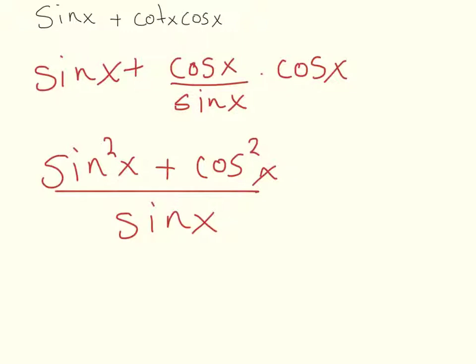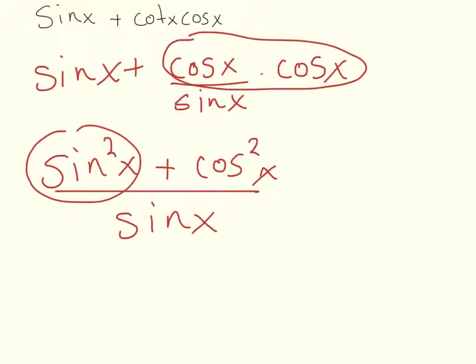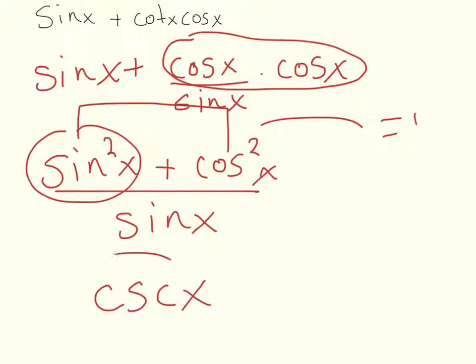So that's where we get this sine squared. And the cosine squared comes from cosine times cosine. Now, let's look at our identity sheet again, and we see that sine squared x plus cosine squared x is equal to 1. So this is just 1 over sine x, which we know is cosecant of x.